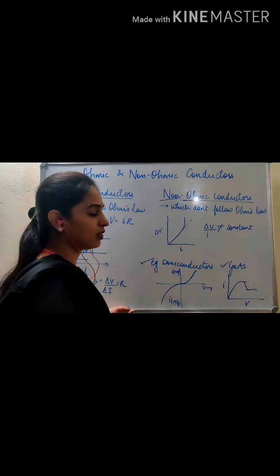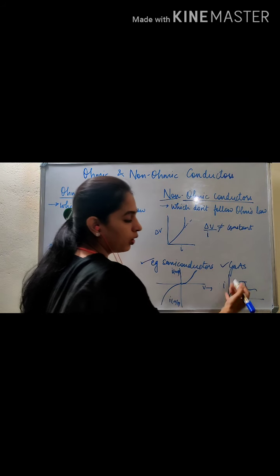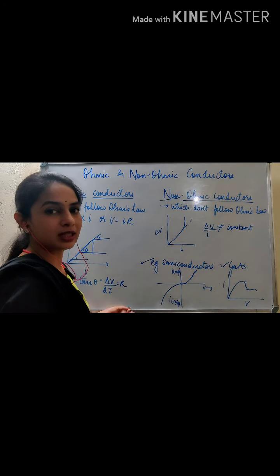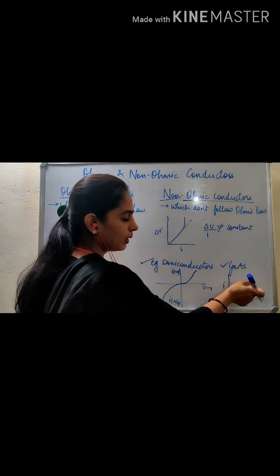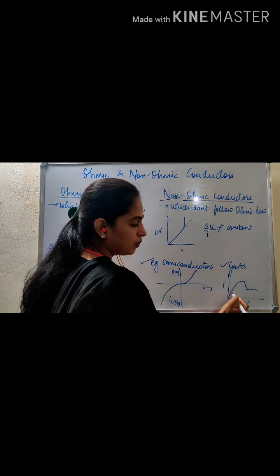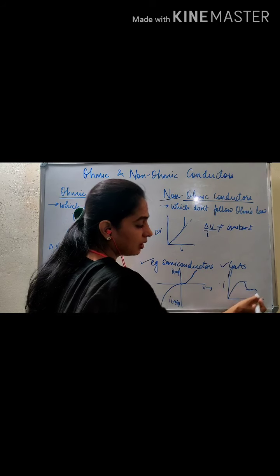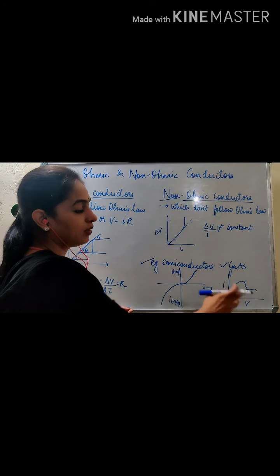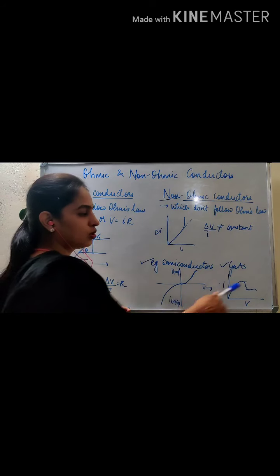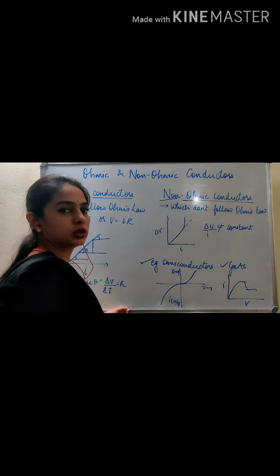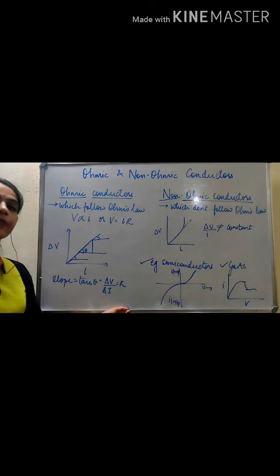You're getting negative resistance, or negative resistivity, that means negative conductivity. Then the current becomes constant if you go on increasing the potential. So this is one semiconductor whose graph is mostly asked related to Ohm's law.